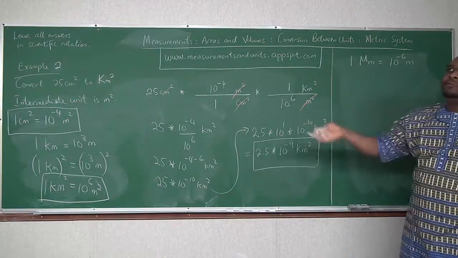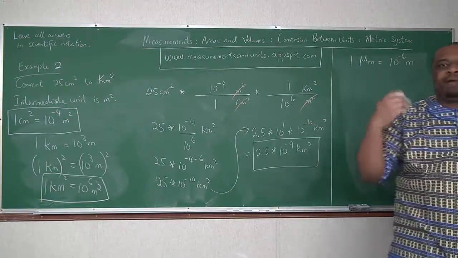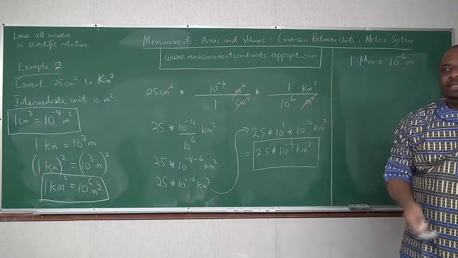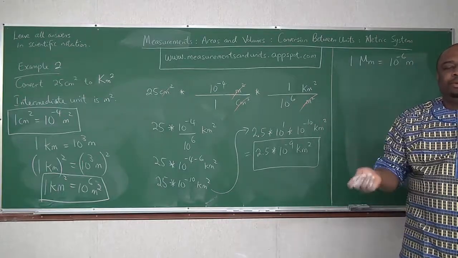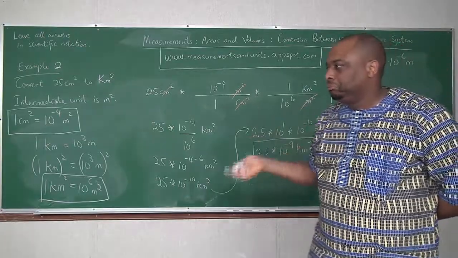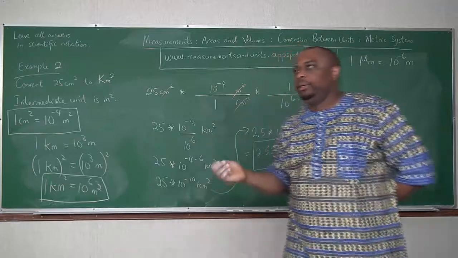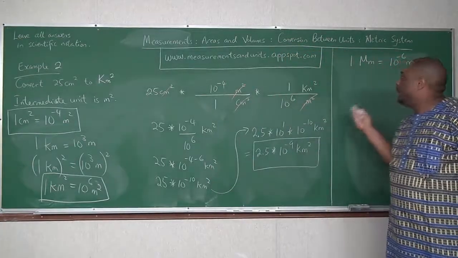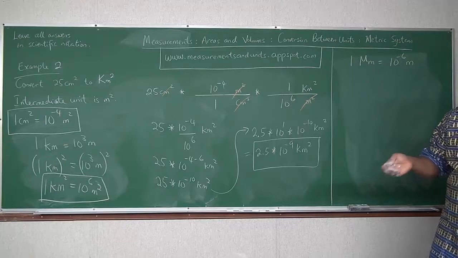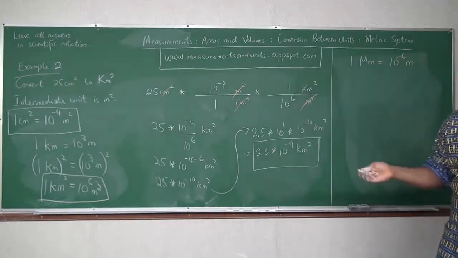Okay, and this will work for any unit, not just meters. It will work for farads, unit of capacitance. It will work for newtons, unit of force. It will work for volts, microvolts, unit of voltage. It will work for amps, unit of current, amperes.